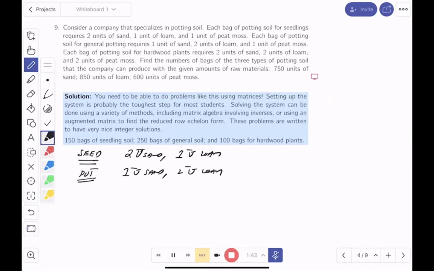All right, then it goes on here. It says, let's say each bag of potting soil requires 1 unit of sand, 2 units of loam. Oh, I forgot about the peat moss, and 1 unit of peat moss. All right. Oh, hardwood.